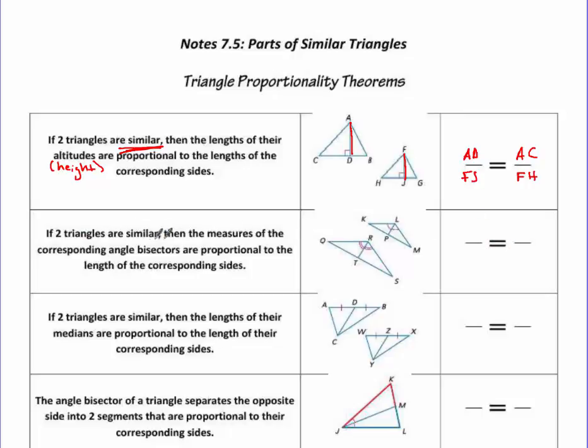All right, if two triangles are similar, then the measures of the corresponding angle bisectors are proportional to the length of corresponding sides. So if you have an angle bisector, like this, each of these, the measures of those two are proportional.